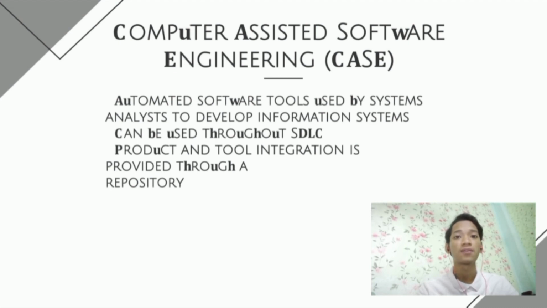CASE software is often associated with methods for development of information systems together with automated tools that can be used in the software development process. There are several general types of CASE tools. First are diagramming tools, then computer display and report generators, analysis tools, repository, documentation generators, and lastly code generators.